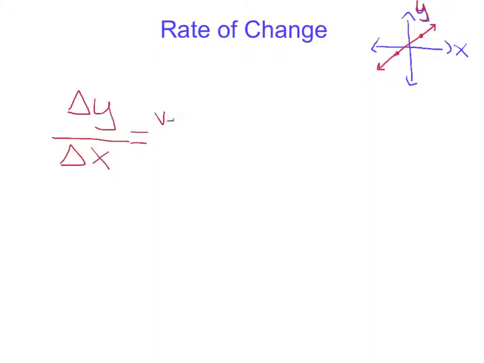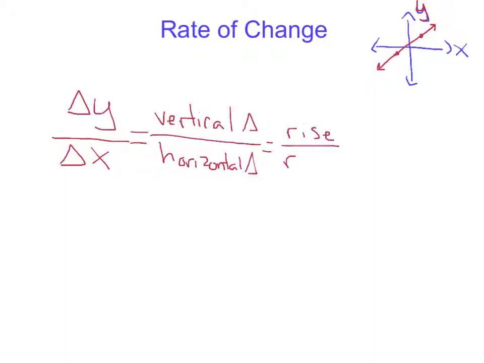So you could think of it as vertical change over horizontal change. And then we often refer to this as rise over run. Rise meaning vertical change, and then run meaning horizontal change.